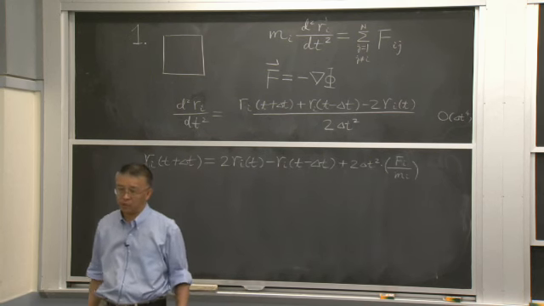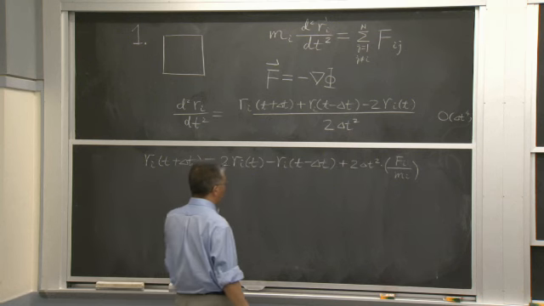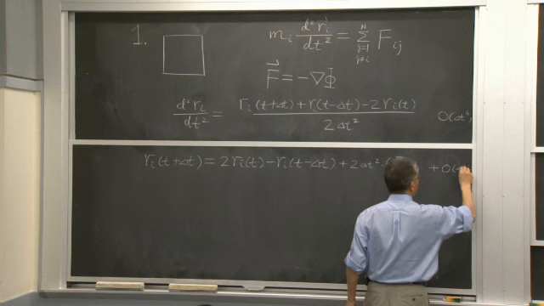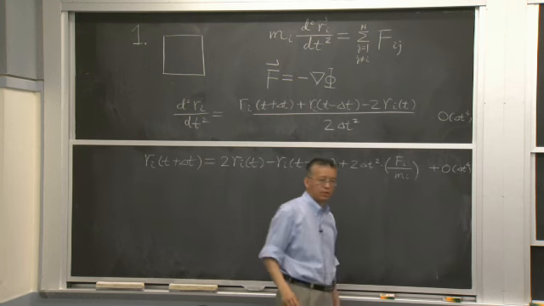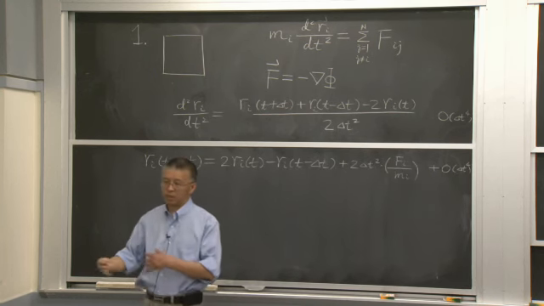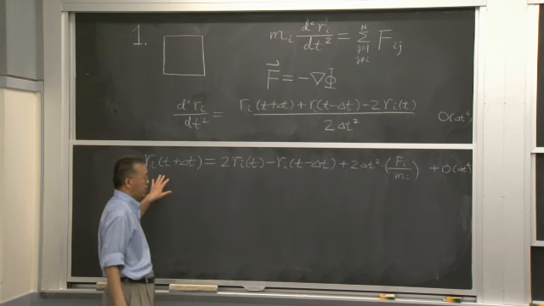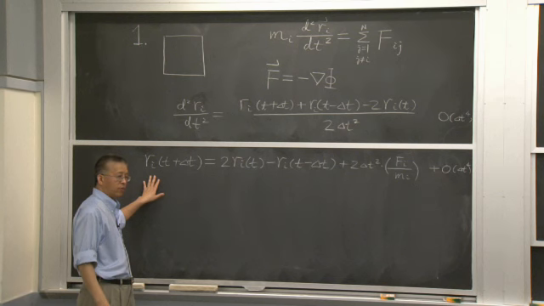That's my acceleration. And I know if I do this, what I'm accurate to is delta t to the fourth power. That's the terms that I dropped. So delta t to the fourth power is quite high numerical accuracy.